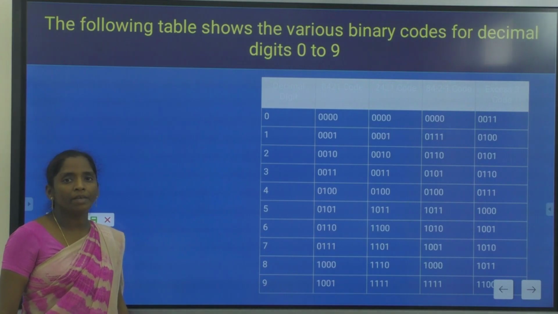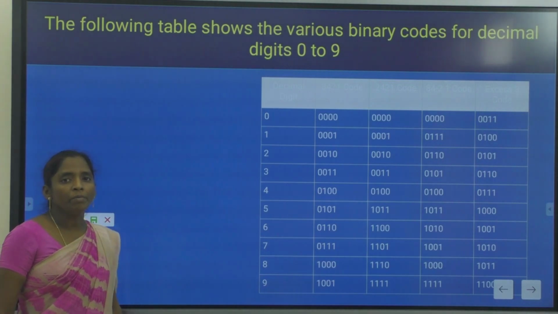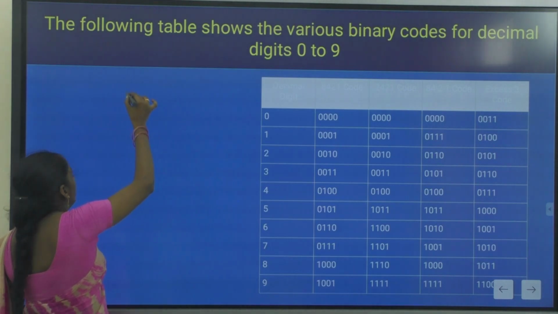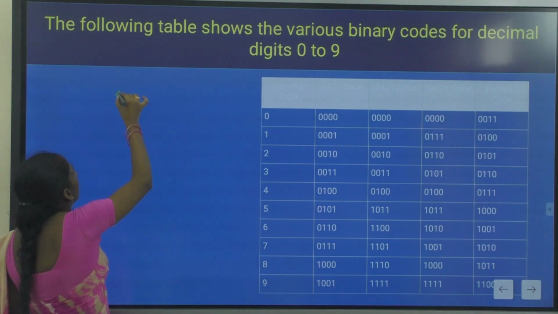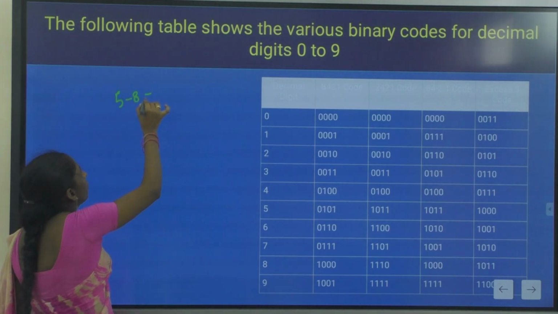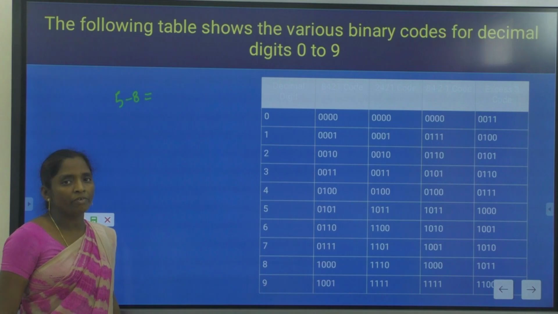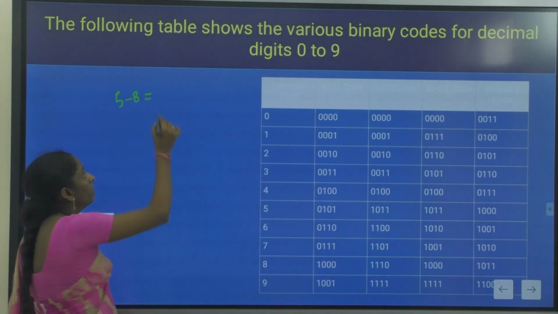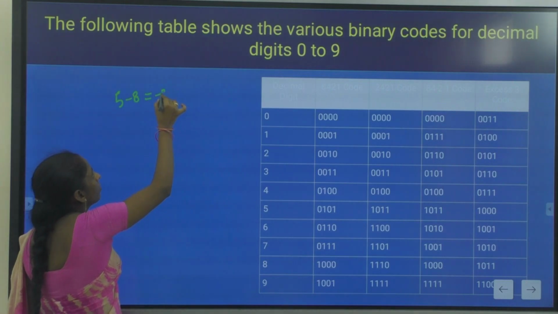Another condition is subtracting a larger number from the smaller number. That is 5 minus 8. If you subtract 8 from the 5, then you will get minus 3.